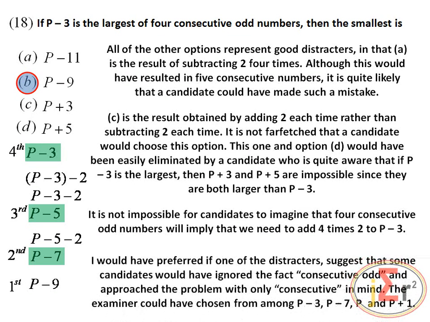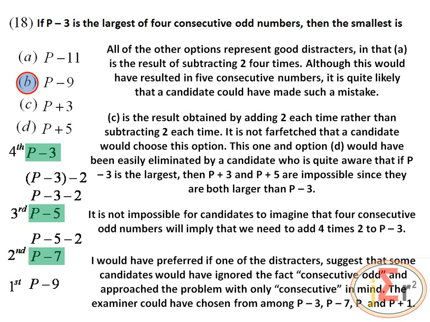I would have preferred if one of the distractors suggests that some candidate would have ignored the fact consecutive odd. So if candidates ignore this fact, then they will have other answers coming. And I was looking for a distractor inside of the set of options.